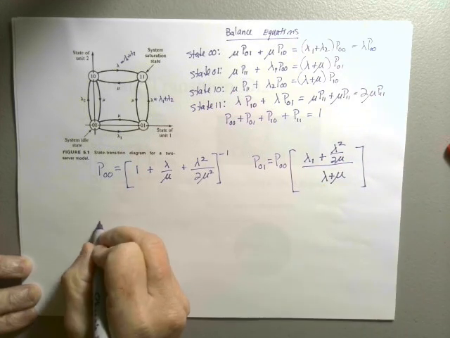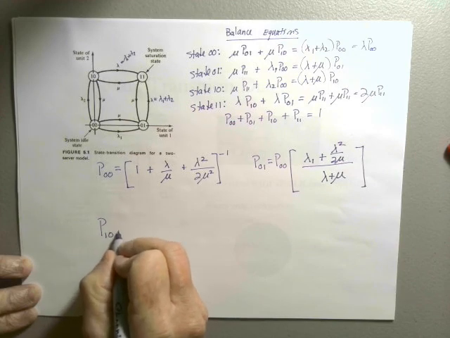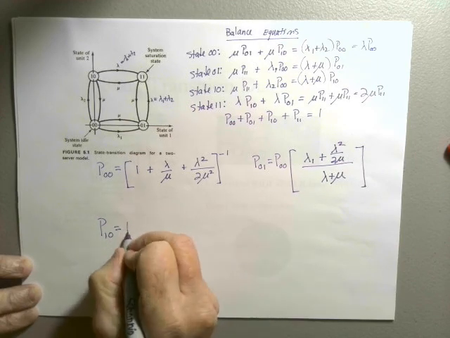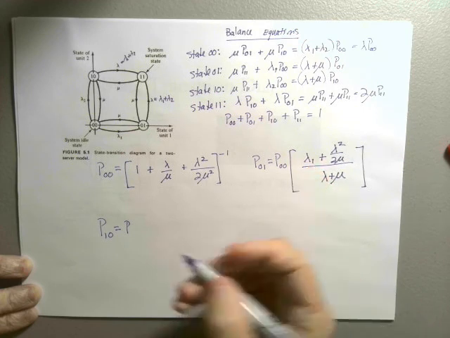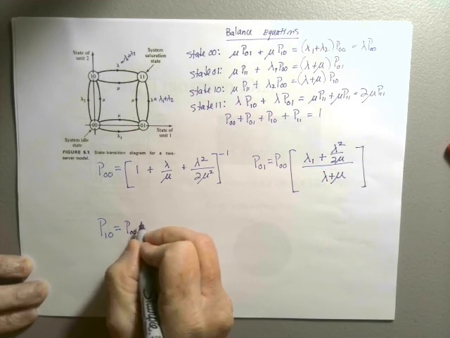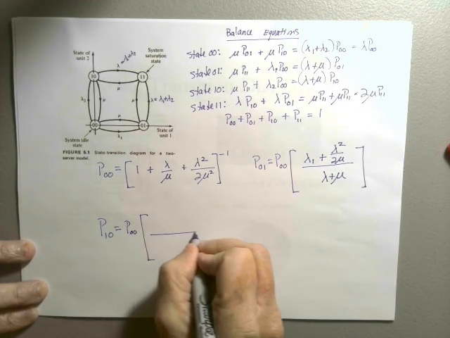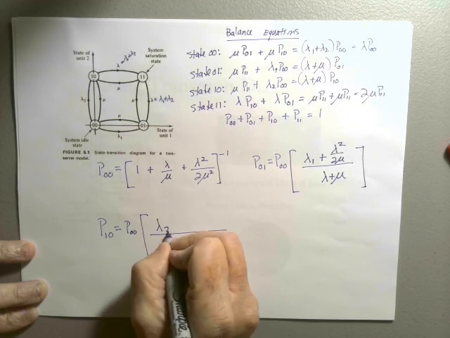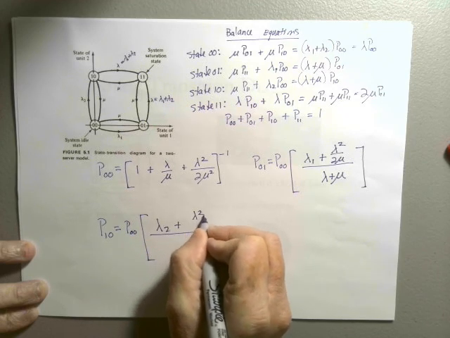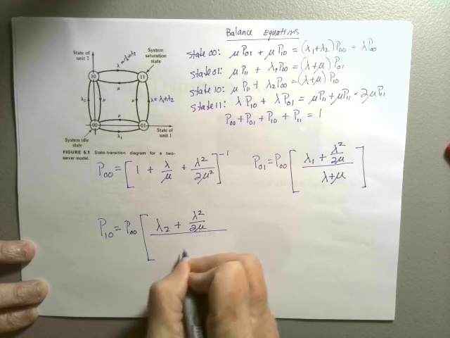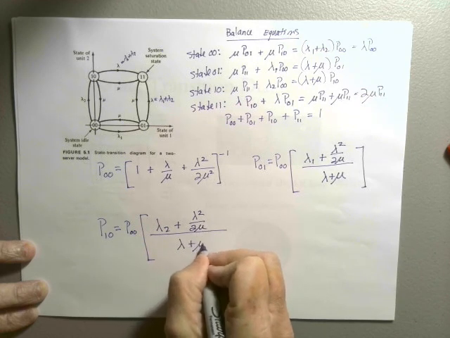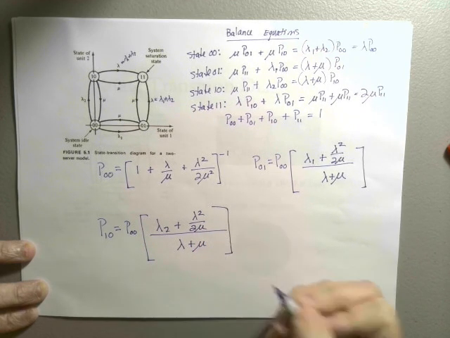And then for p 1, 0, it'll look just like this, only where you see lambda 1, you're going to see lambda 2 instead. So in the numerator we will have lambda 2 plus lambda squared over 2 mu over lambda plus mu, that term there.